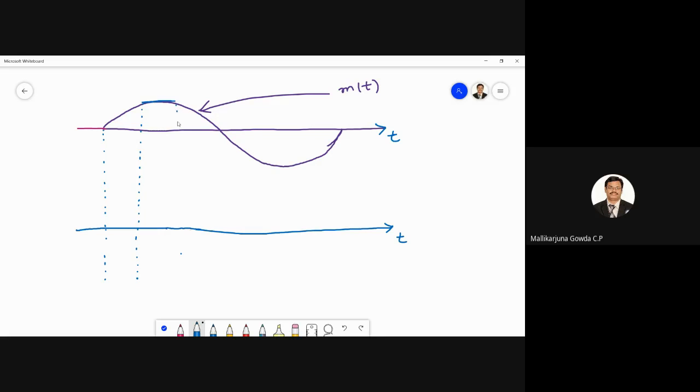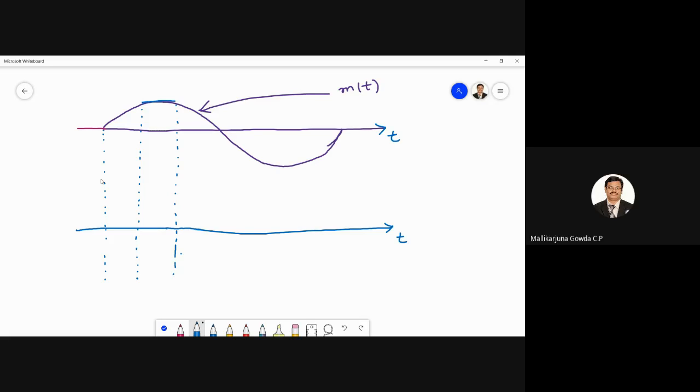The instantaneous frequency of the carrier is modulated by the message signal, as m of t. Deviation we have also called delta f, the frequency deviation, right? So what is the expression for delta f?